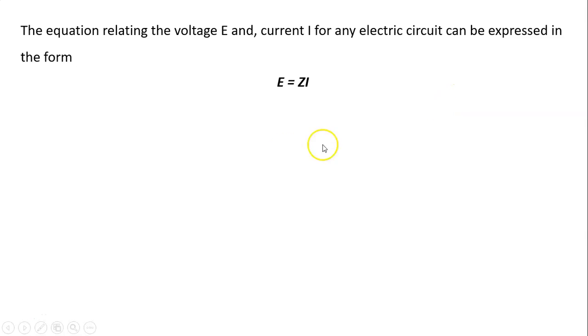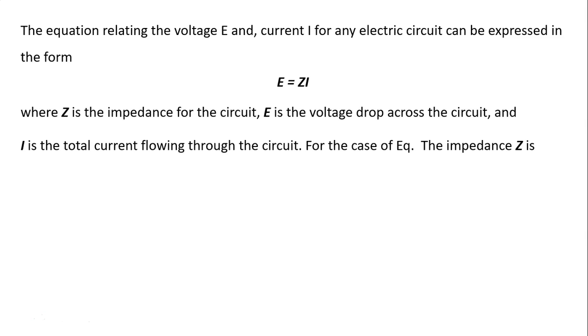Every time we have to use this equation, E is equal to ZI, where Z is the impedance of the circuit, E is the voltage drop across the circuit, and I is the current flowing through the circuit. Therefore, the impedance Z is given by Z is equal to L1D plus L2D plus R1 plus R2 plus 1 upon C1D plus 1 upon C2D.